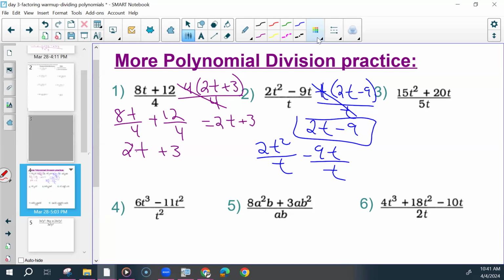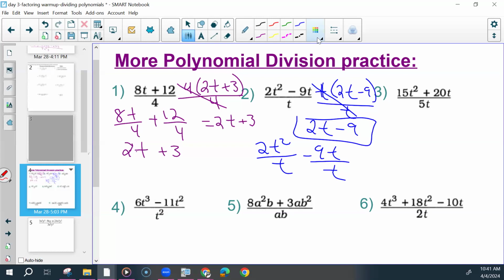Yes. When you factor out the GCF, you are essentially doing this, dividing out what's left. So you did t squared divided by t, and t was left.